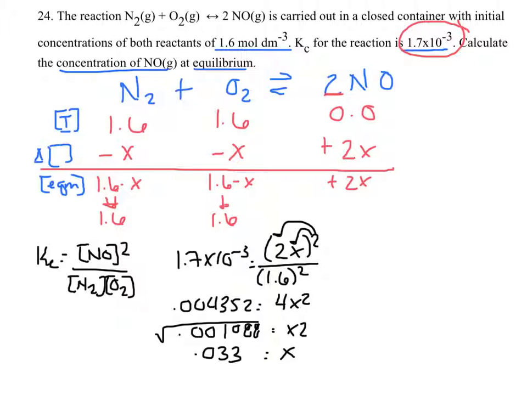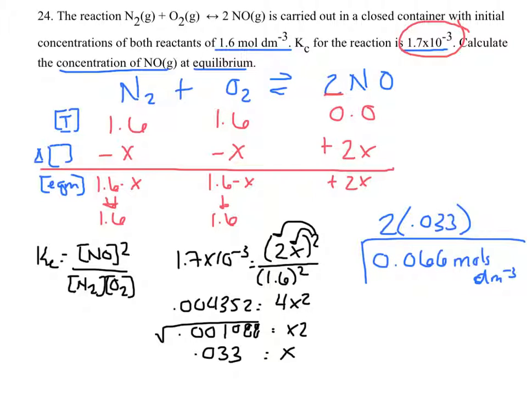I want to know the concentration of NO. Therefore, I have 2x, so 2 times 0.033 gives us 0.066 moles per decimeter cubed. And that is the answer we are looking for. Sorry for the way in which this problem is being represented. It did not copy over very well.